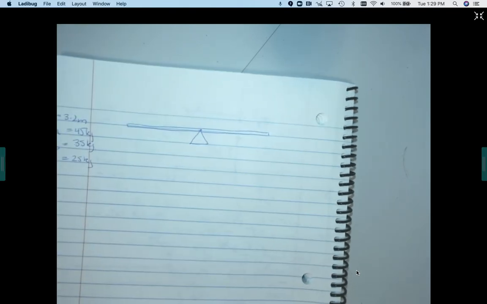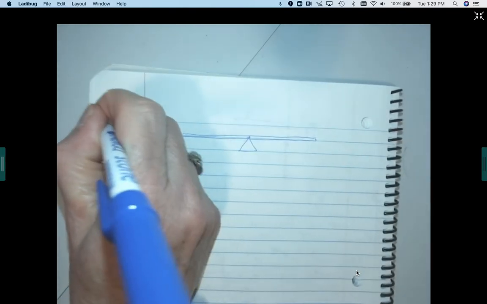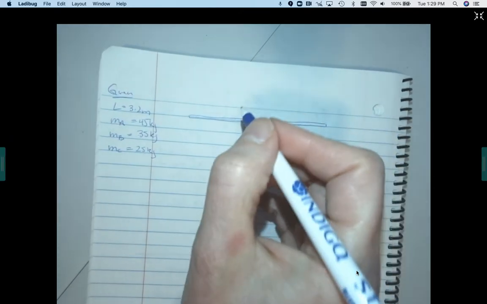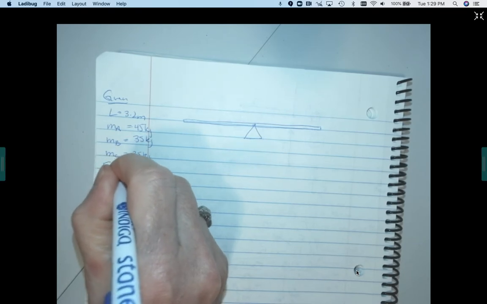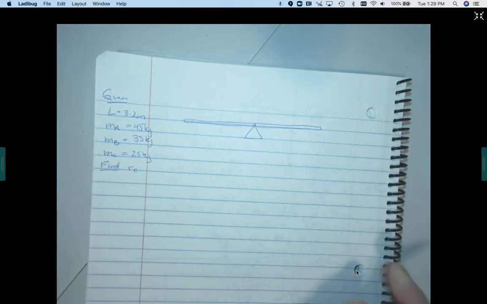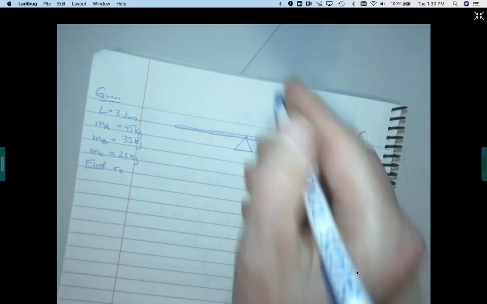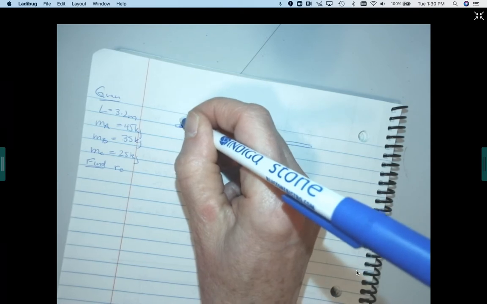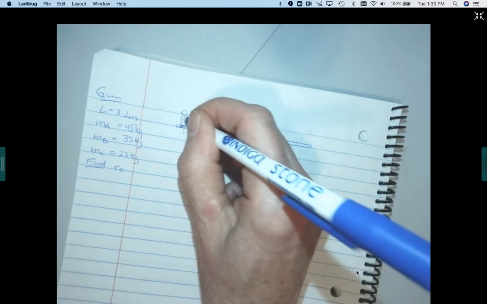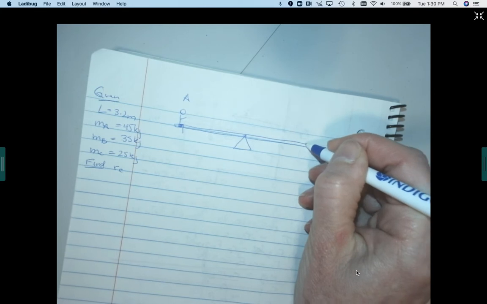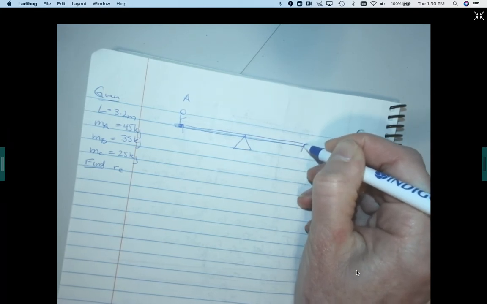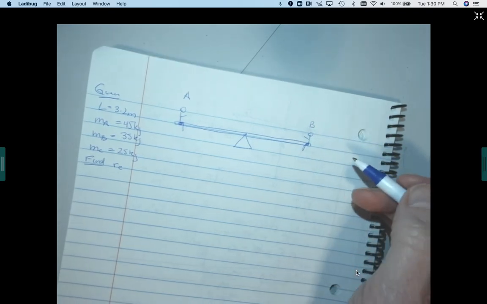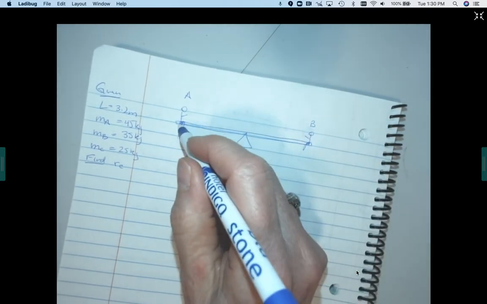Okay, so here's my seesaw, and this is what I'm given over here. We have to find, let's say, RC, where the third child should sit. I'm just going to put child A over here, and we'll put B over here. And if A is heavier, this side is going to come down.